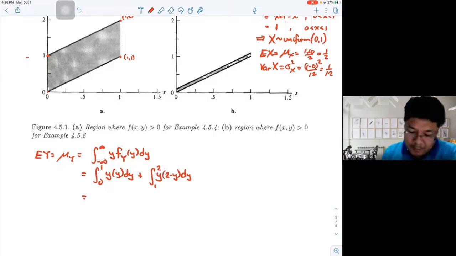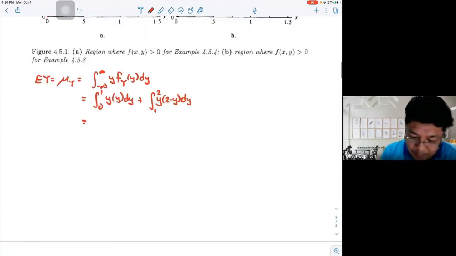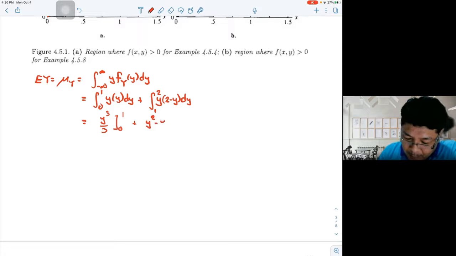If we evaluate this, we have y cubed over 3 evaluated from 0 to 1, plus 2y squared over 2, so y squared, and the negative y cubed over 3, evaluated from 1 to 2.